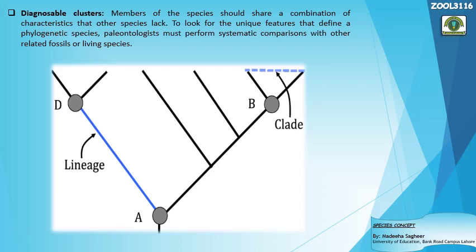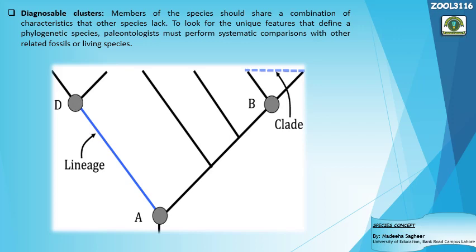So a member should have enough characteristics that relate it to the particular species on the basis of phylogeny. Let's read it. Members of the species should share a combination of characteristics. There must be a combination of characteristics that other species lack. Right? In this way we can identify that it belongs to that particular species, whose members it shares similarity in characteristics with. To look for the unique features that define a phylogenetic species, paleontologists must perform systematic comparisons with other related fossils or living species.